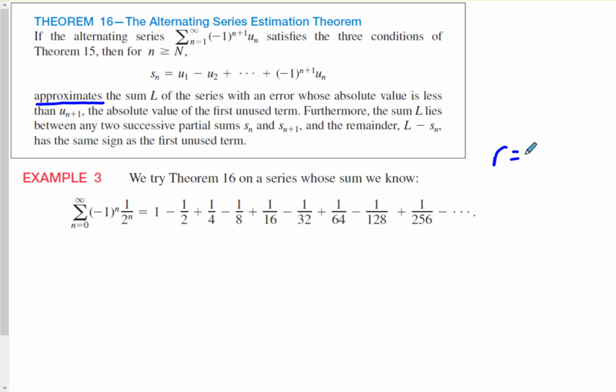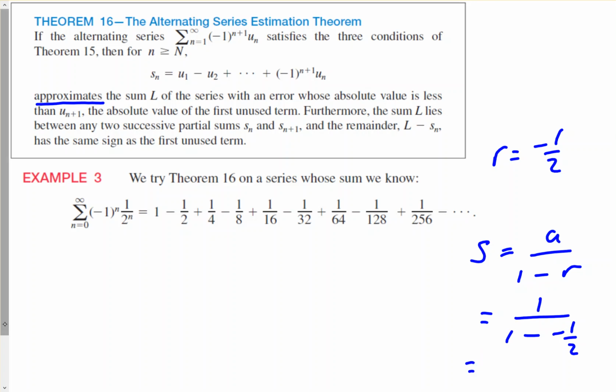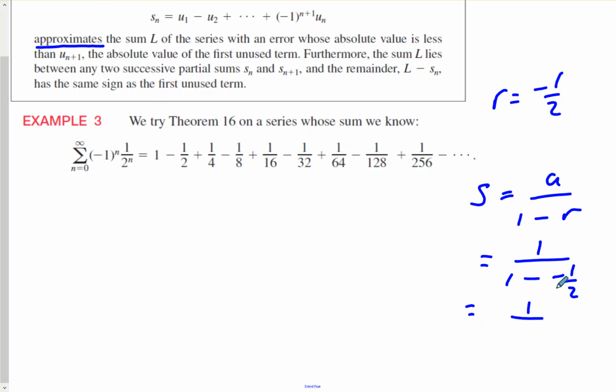We know that the common ratio would be -1/2. So the sum of the geometric series would be a over 1 minus r. So that means it would be 1 over 1 minus -1/2, which means we have 1 over 3/2, which is equal to 2/3. Okay, so that's what it would sum to, 2/3. Keep that in mind.